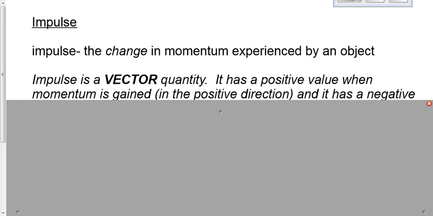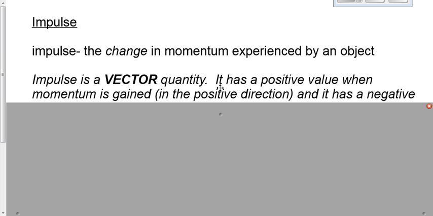Now, because it's a vector, it has a sign associated with it, positive or negative. It can be a little bit tricky, though, the meaning of the positive or negative. Impulse or change in momentum is positive in two situations, actually. I only have one written down, so I'm going to pencil in the other one here in a second. Impulse or change in momentum is positive if you gain momentum in the positive direction.